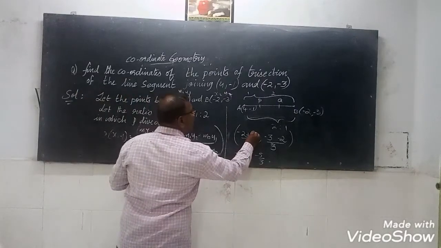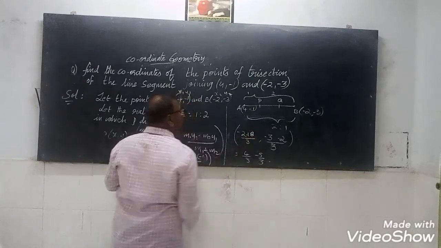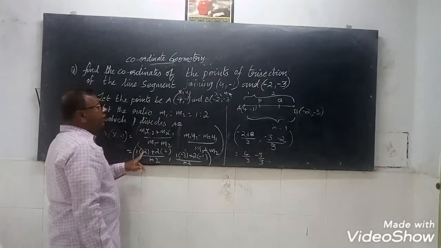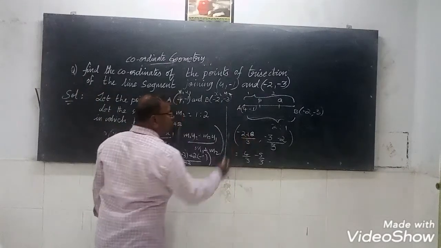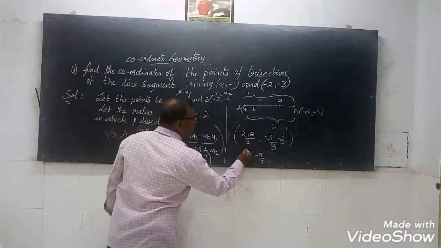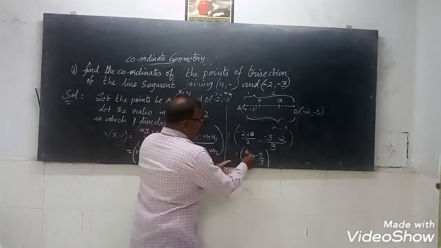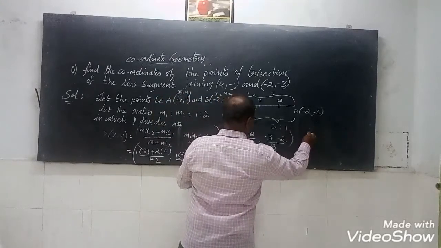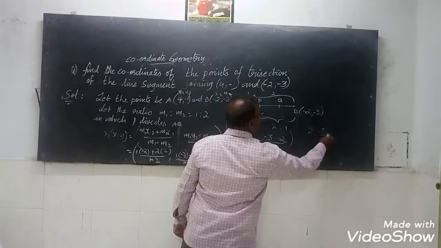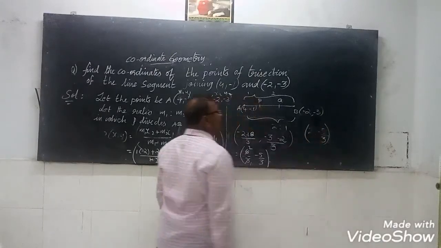Let us correct this one. 8 plus 1 into minus 2 is minus 2, so 8 minus 2 is 6 now. See, 3 ones are 3, 3 twos are 6. So this is 2, comma, minus 5 by 3.